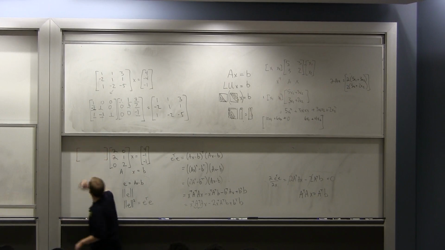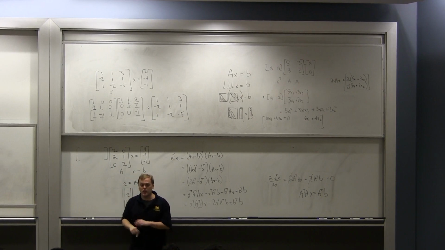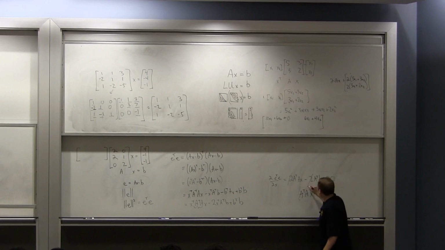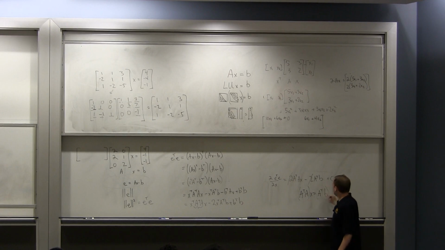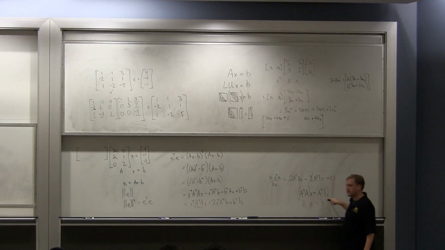I'm going to have a 2 by 3 multiplied by a 3 by 2, so I'm going to have a 2 by 2 matrix. This 2 by 2 matrix is going to be invertible. So in fact, I'll be able to solve this system. This is now an AX equals B problem. I've got a lot of A's on the board today. Wowzers. But now I can solve this problem.